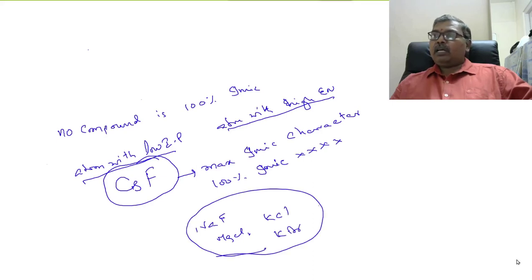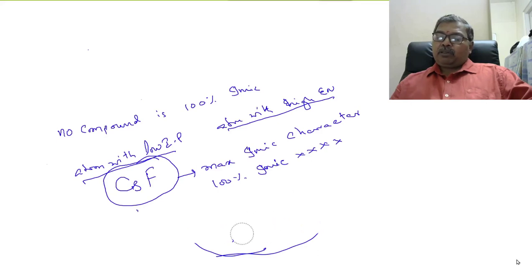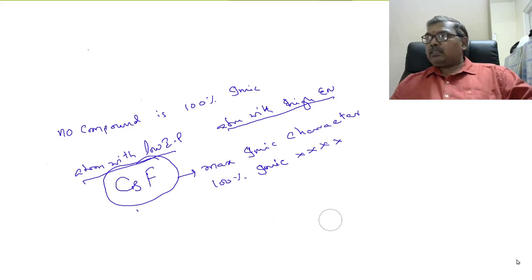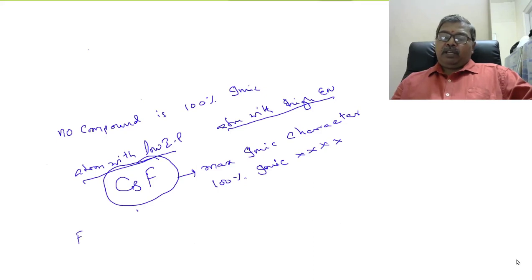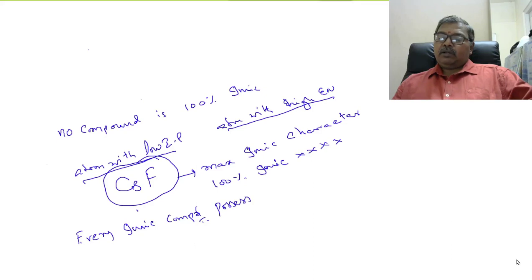All these are less ionic than cesium fluoride, is it not? So there is no ionic compound with 100% ionic character. That is an important point. Every ionic compound possesses covalent character.